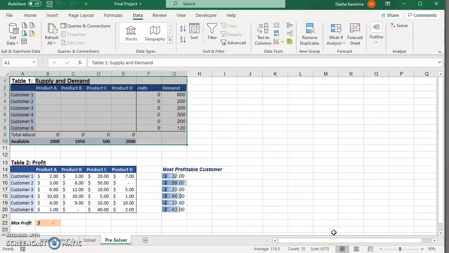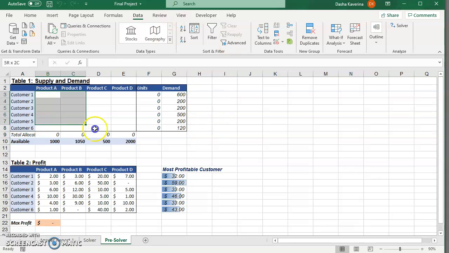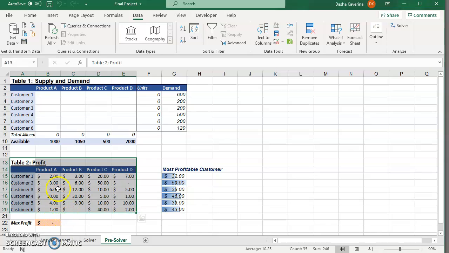As a for-profit organization, we want to make sure that our profits are growing, and while distributing merchandise as evenly as possible to all consumers, we want to make profits. For this purpose, I have a second table where the data entered is profit per unit per customer.